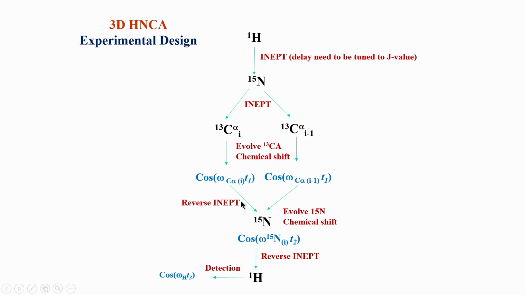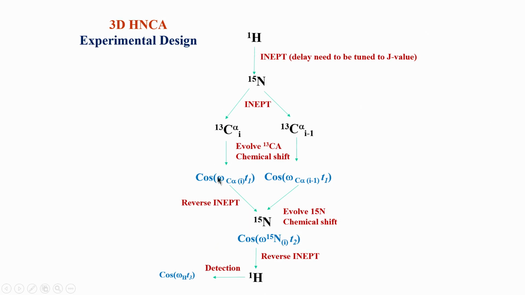Now, with reverse INEPT, that is back to nitrogen. It is the opposite of this. So, we are going back to nitrogen, then the nitrogen chemical shift is captured, evolved during T2, and then we go back to proton and detect the proton chemical shift. So, you can see there are two correlations we are getting now. One is through this pathway, you can follow this arrow.